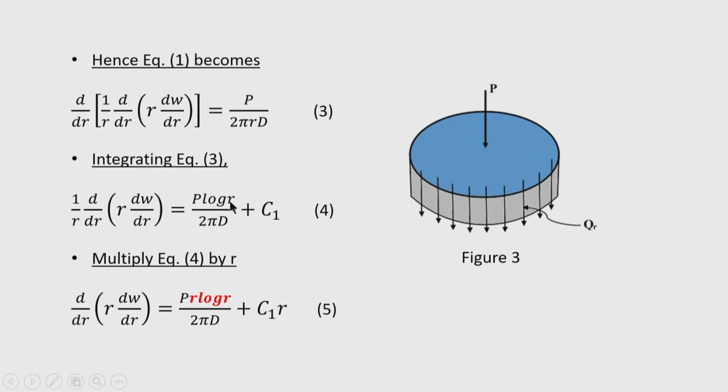So, P log r divided by 2 pi D, and then a constant of integration appears, and we name it C1.